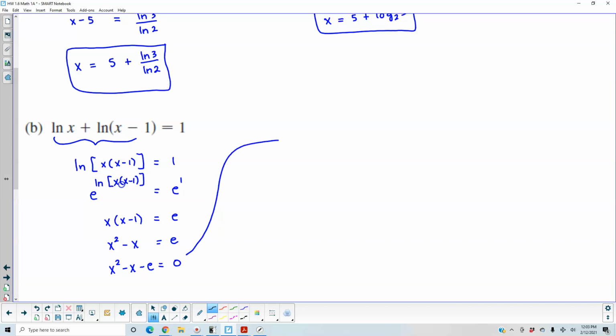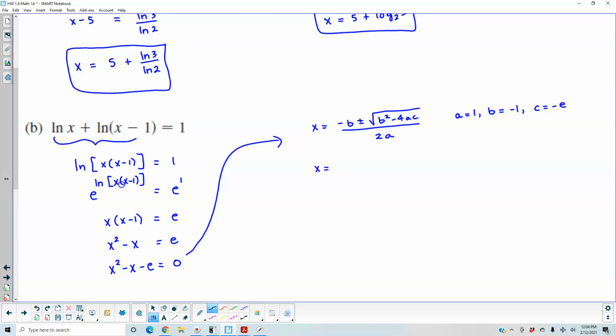So now, in order to solve for x, we need to use the quadratic formula, where a is 1, b is negative 1, and c is negative e.